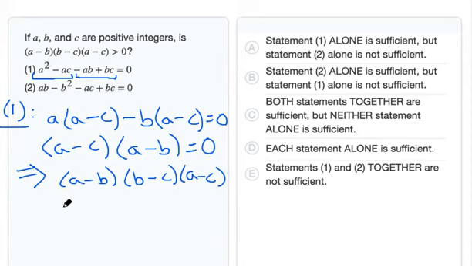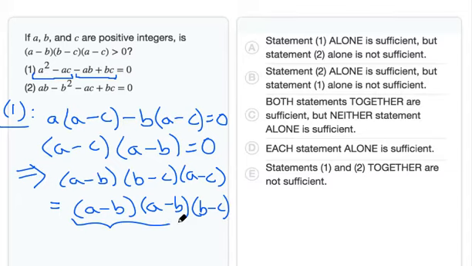This would be the same if we rearrange the terms slightly: we have (a minus c) times (a minus b) times (b minus c). These two terms, this product, is what we found from our statement equation. We know that product equals 0. So we can replace that with 0 times (b minus c), and that whole result is going to equal 0.